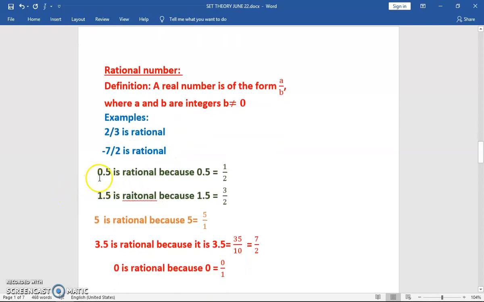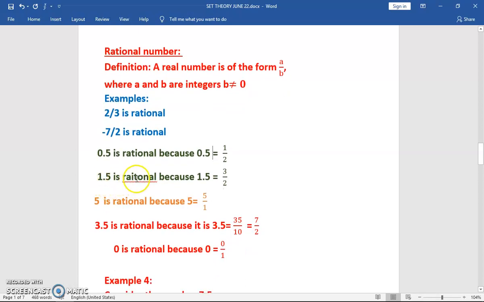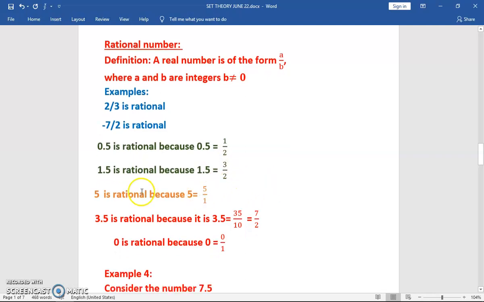Let's take a decimal, 0.5. I say that 0.5 is a rational number because 0.5 can be written as 1 by 2. So this is of the form a by b, a is 1, b is 2. So 0.5 is a rational number. In the same way, 1.5 is a rational number because 1.5 can be written as 3 by 2.